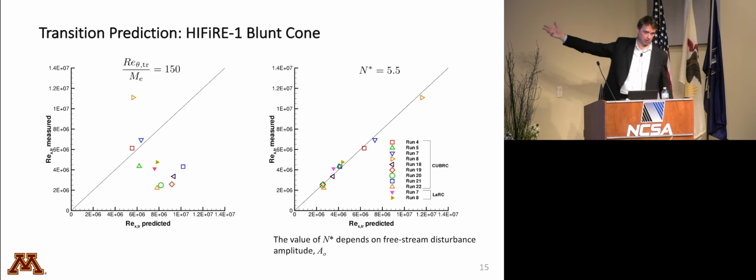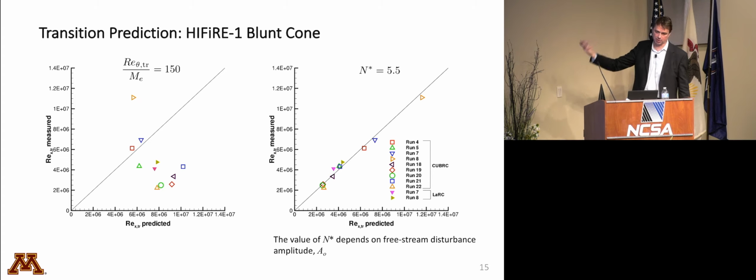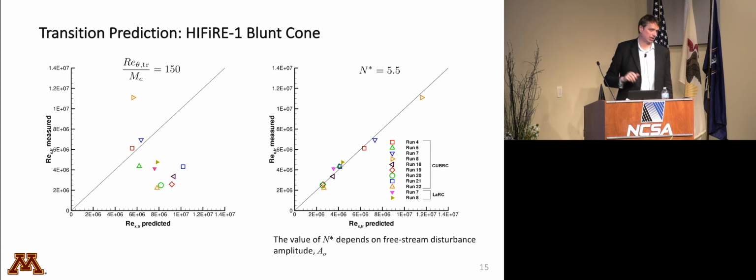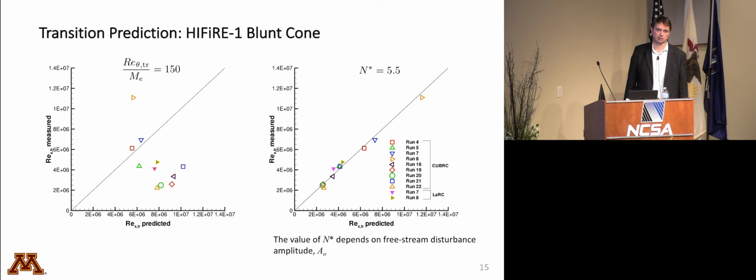By correlation, by experience, under Mach 6 and 7 type conditions, the NASA Langley facility and the Kubrick facility give a critical n factor of about 5 or 6, because they have a certain noise level. But in flight, we know by experience that it's probably more like an n factor of 15, because flight has such quiet conditions, very low amplitudes in the flow field.